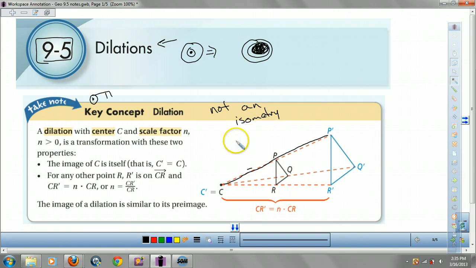So for example, if n's greater than 0, right? If n was 2, if this distance was 1, this one would be 1, the whole thing would be 2. Okay? And if this side was 2, this side would be 4, right? You're timesing everything by 2. Okay? It's a scale change.